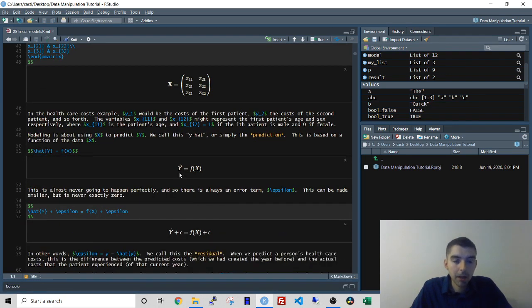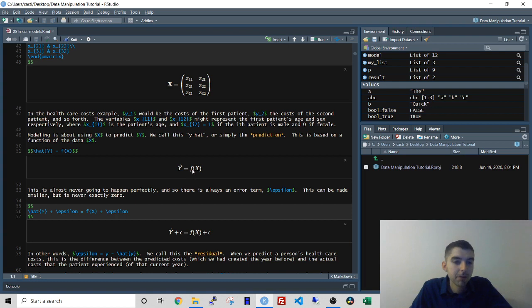If you read The Elements of Statistical Learning, it will always refer to these two special things: the target, which is y, and the approximation of that target, which is called y hat. This is the prediction of your model. This is always a function of the data x.